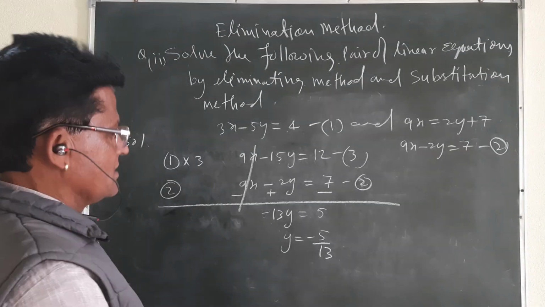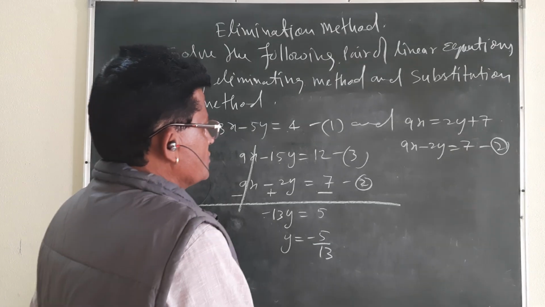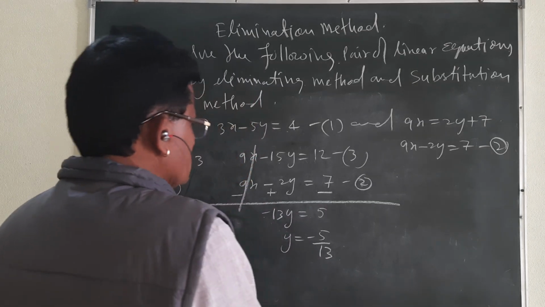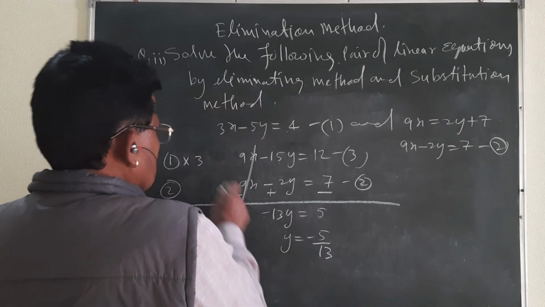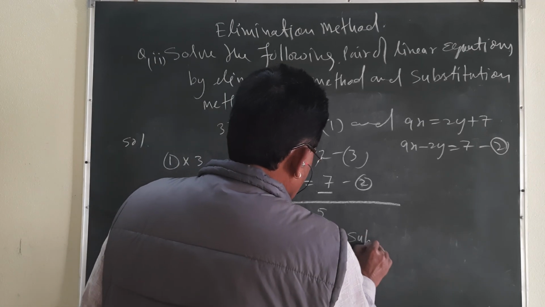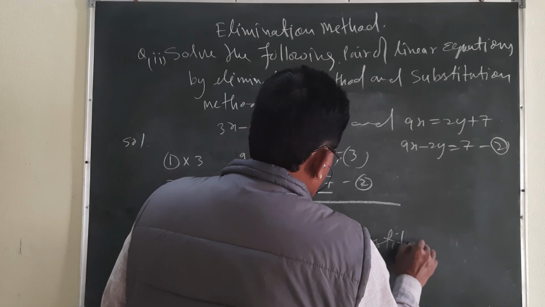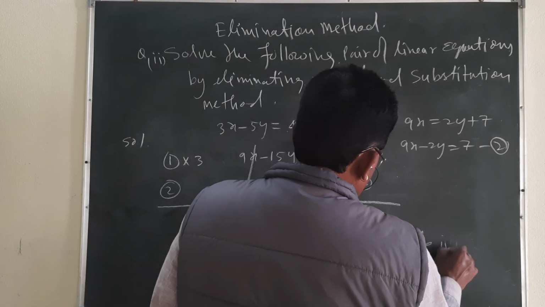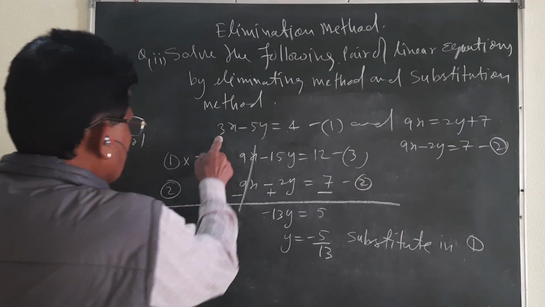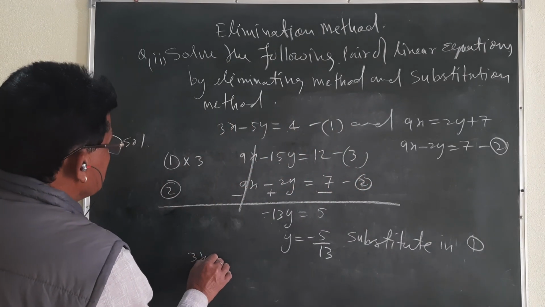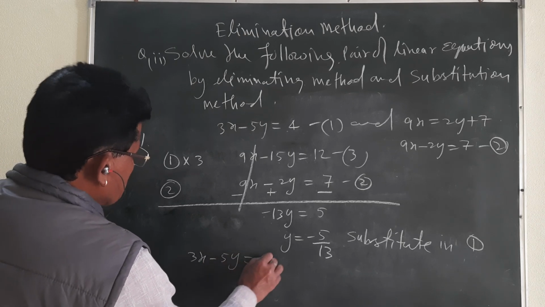Substitute it in any equation so that you will get the value of x. Y is here. Substitute in equation 1. Okay, 1 is here: 3x minus 5y is 4.